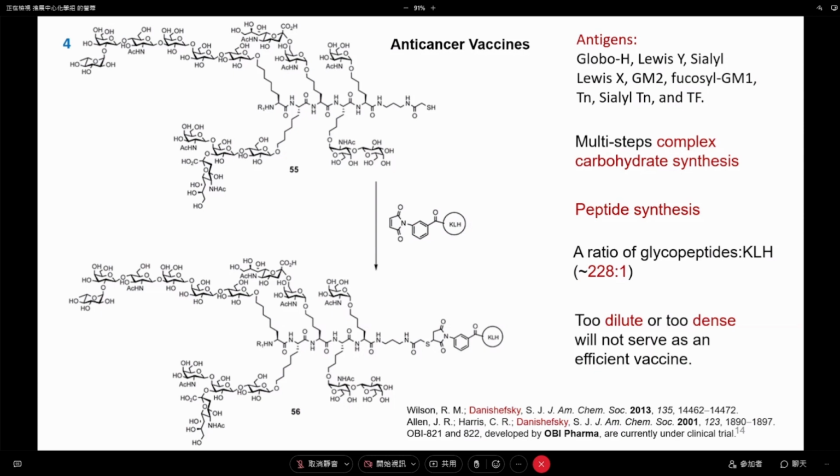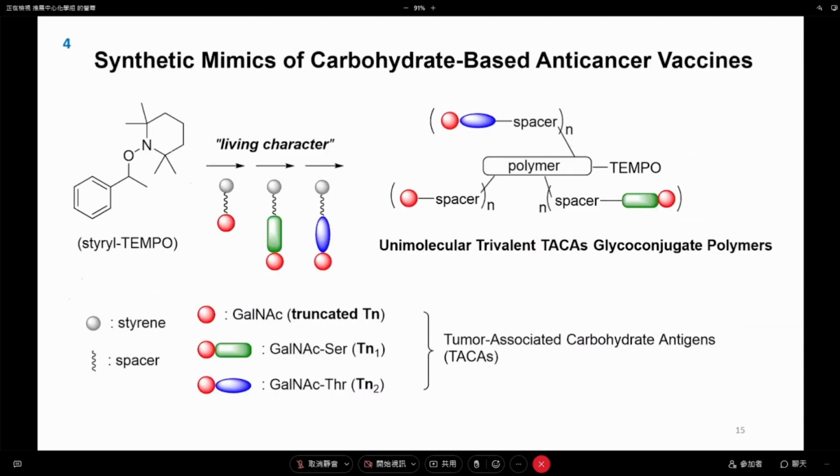And this is an immunoenhancer. Eventually, this molecule could be used to produce immune response and hopefully to cure cancer patients. Of course, I'm not going to make that, but we have a quite simple idea.